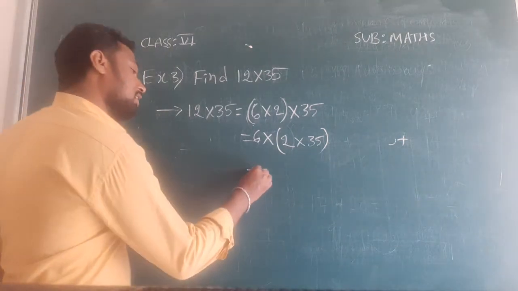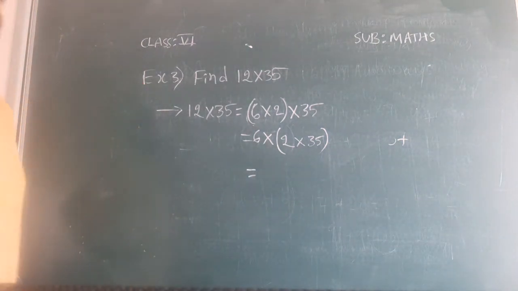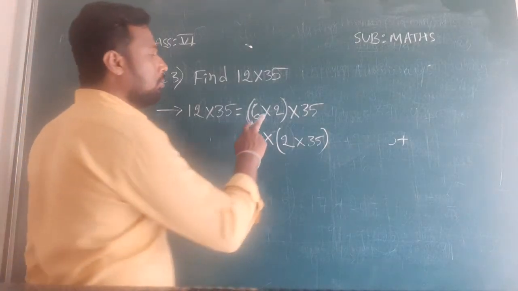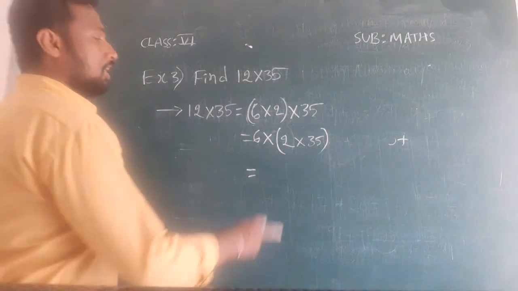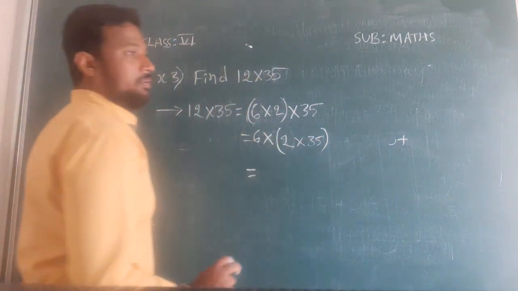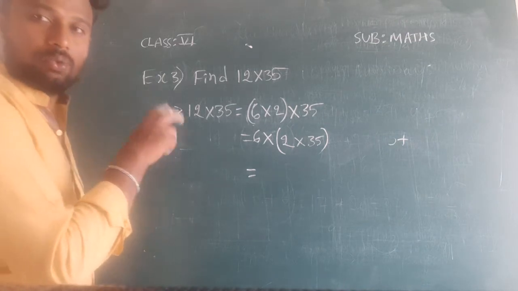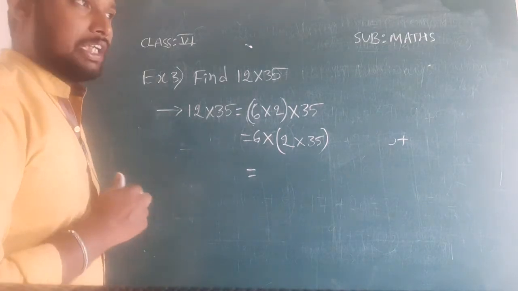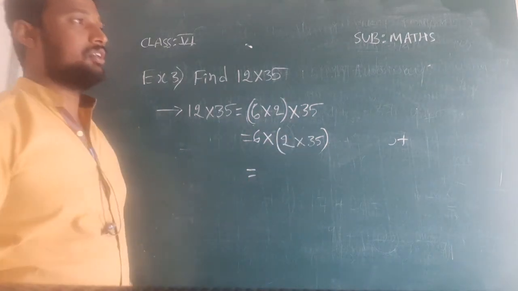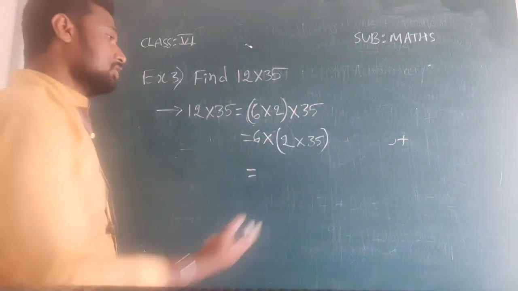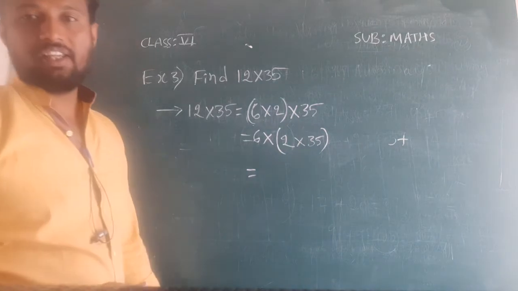Because you can see what I am doing here, it is difficult to multiply 12 into 35. But if you multiply 2 into 35, double of 35 means 70, because 30 plus 30 is 60, and 5 plus 5 is 10, so 70. So 35 into 2 means 70.